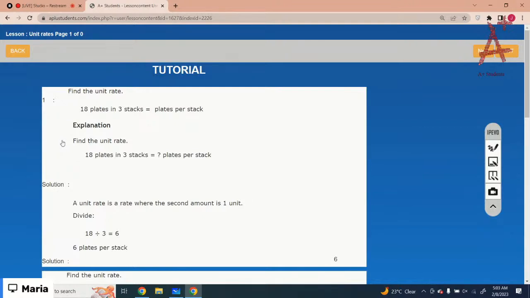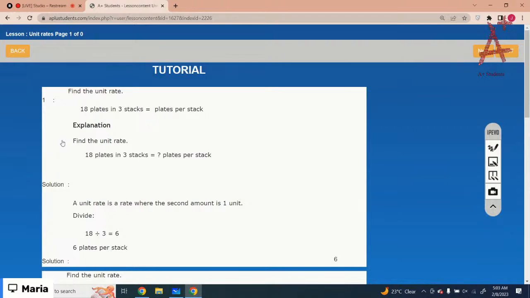For example, find the unit rate. 18 plates in 3 stacks. So in 3 stacks you have 18 plates, and you have to calculate how many plates in one stack. Got it? That is called the unit rate.